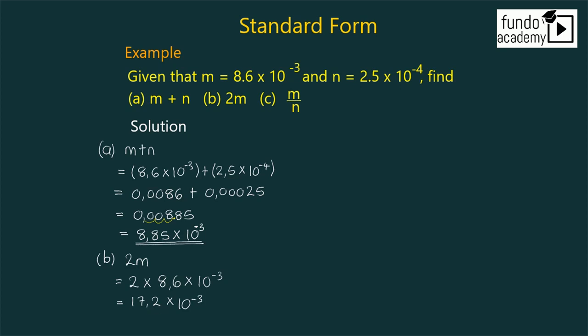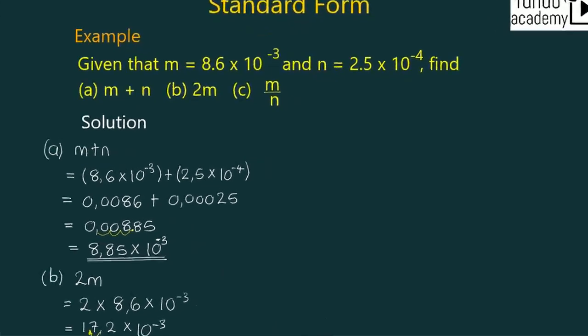So what we do is we convert it to standard form by shifting the decimal point backwards 1 decimal place, so that it becomes 1.72, and it's 1.72 times 10 to the power of 1. So the power of 1 will be replacing our decimal point 1 more decimal place to the right. So times 10 to the power of -3, which was already there. So if we simplify this, then we'll be having 1.72 times 10 to the power of -2, after adding 1 and -3 right here.